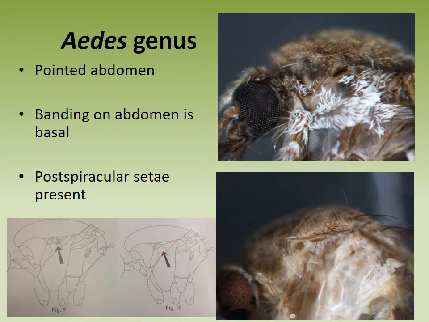If it is not present, then it would not be an Aedes. Here I drew the outline of this plate, and you can see the picture on the bottom does not have the setae, where the one on the top has them present. The one on top is the Aedes, and the one below is a Culex genus.